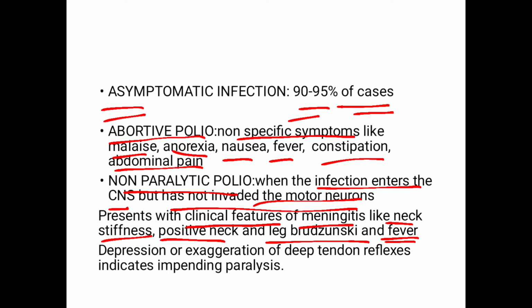Initially, the superficial reflexes, which include the abdominal and the cremasteric reflex, are depressed, and after 8 to 24 hours, the deep tendon reflexes can either be depressed or exaggerated. And this depression or exaggeration of the deep tendon reflexes usually indicates impending paralysis.